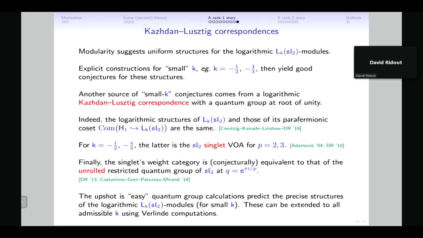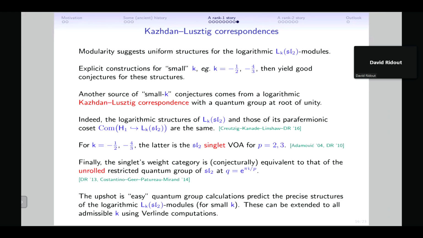Okay, but the upshot of this is that this unrolled restricted quantum group has a category of modules that is much easier to analyze. It turns out that the weight category, which is the one you're interested in, has finite dimensional standard modules. So the Verma modules are the standard modules in that category. The irreducibles are finite dimensional, and you have finite dimensional projective covers.